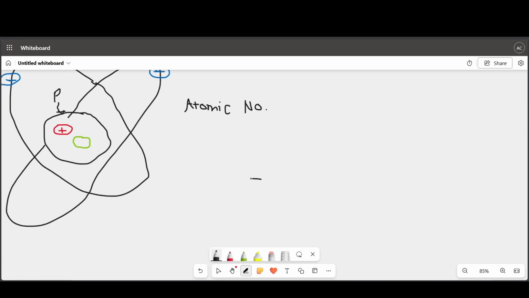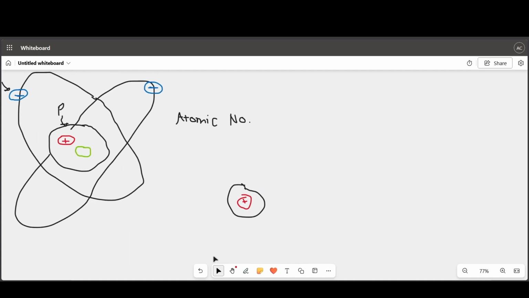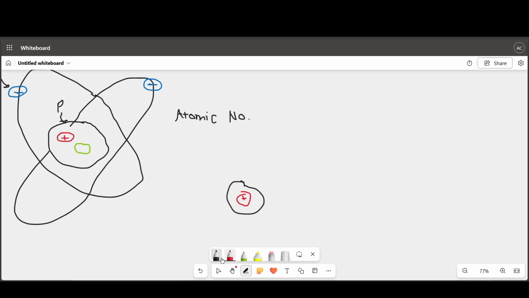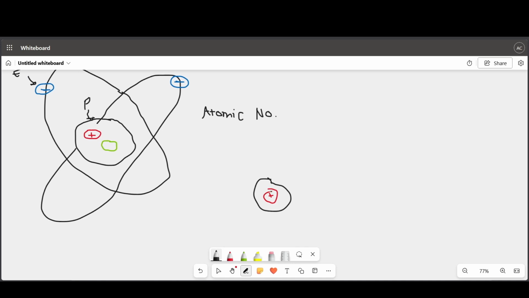This hydrogen atom will only have one single proton inside of the nucleus, and according to the textbook that I've read, the protons and the electrons of an atom are basically equivalent to each other, meaning whatever the number of protons inside the nucleus will be the same number of electrons outside of the nucleus. So if we're clear on that, this will be the hydrogen atom.